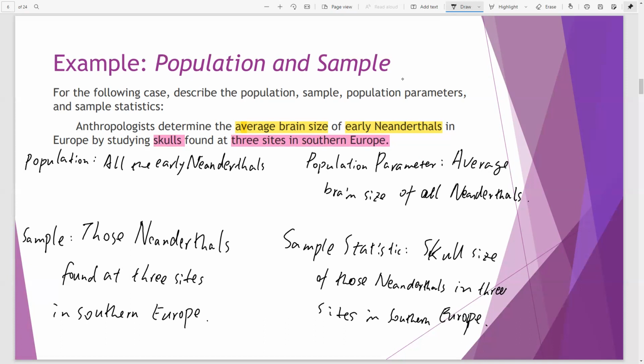Average skull size, or we need to put the average skull size, to be more accurate. Only the skulls are able to represent the brain size, right? We don't know how large the brain is, but based on the skull, we're able to see. Then the average skull size may be able to represent the population, right? But that's the only thing we have.